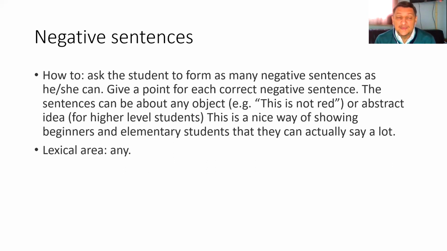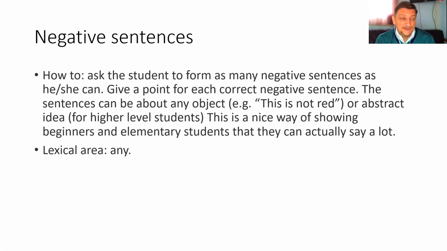Or you can talk about abstract ideas for high-level students. Like, for example, you can talk about such very abstract but very important ideas, like tolerance or freedom. And sometimes it really helps the students to define an abstract idea by telling what it is not about.